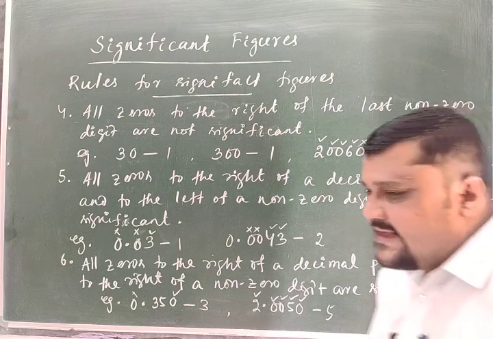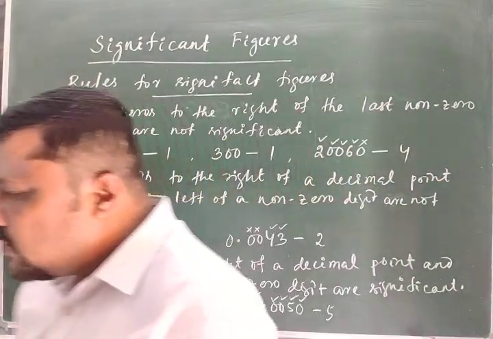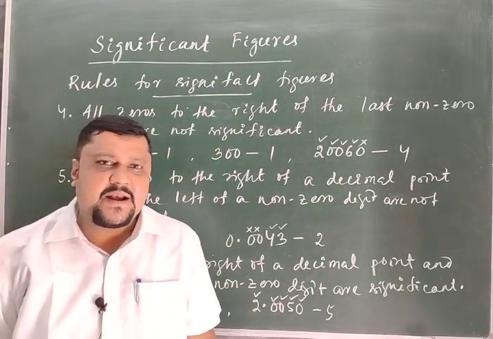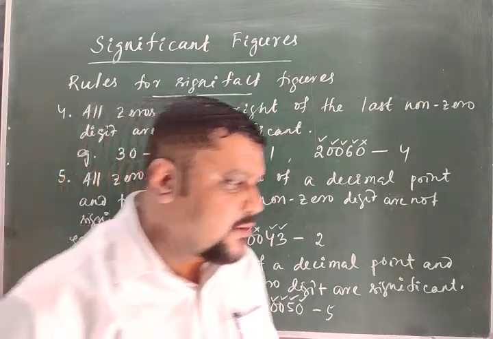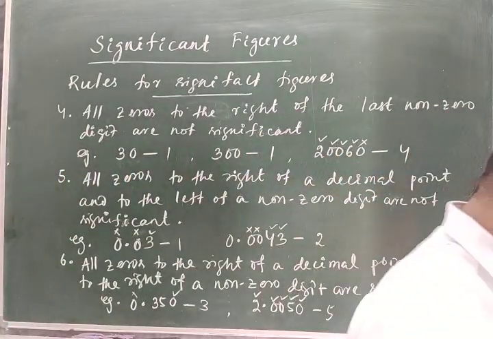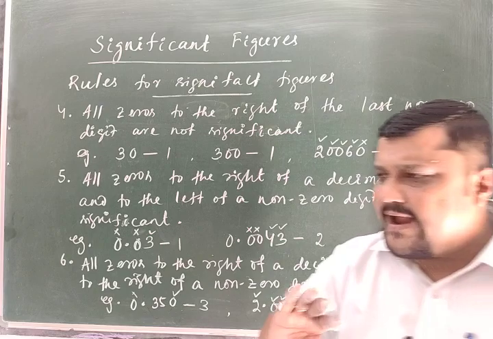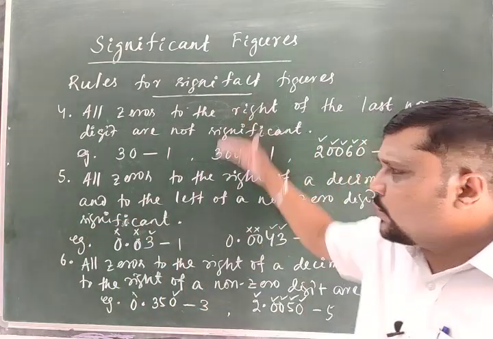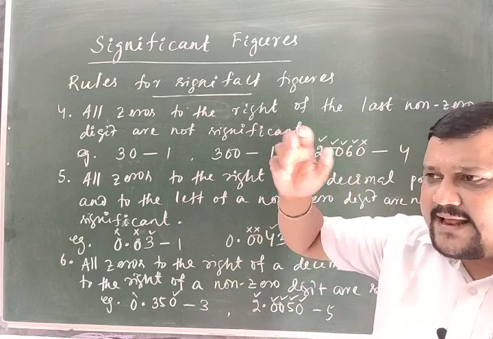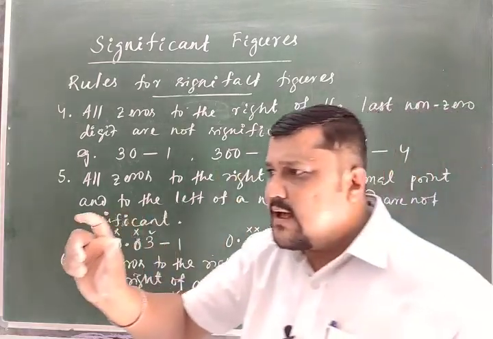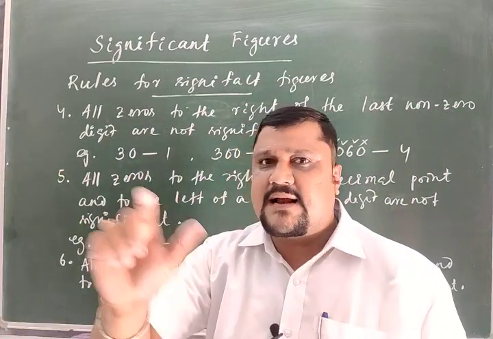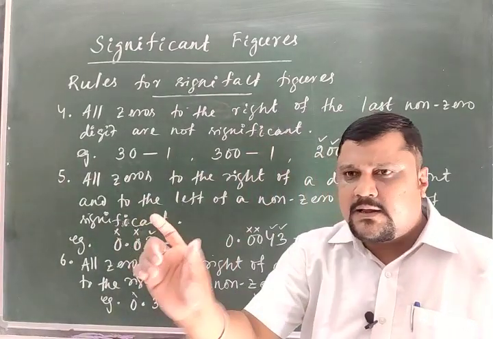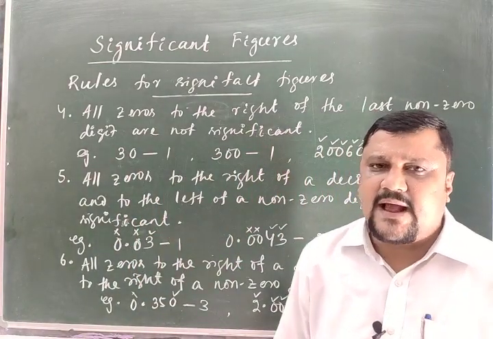Clear? So these are the rules to know the significant figure. By using these rules, now you go for calculating the significant figure. Okay students, don't get confused. If a number is given, then you recall your rules in your mind, then put the rule which fits that measurement or that number, then you calculate the significant figure.